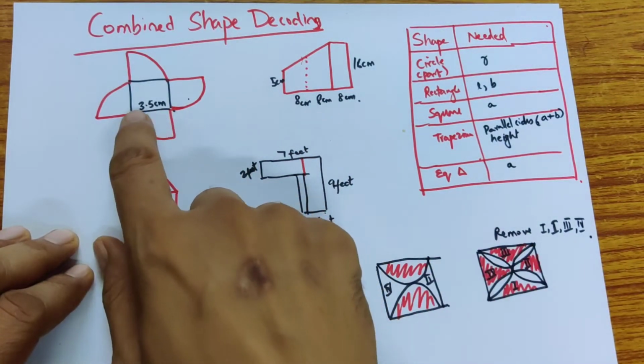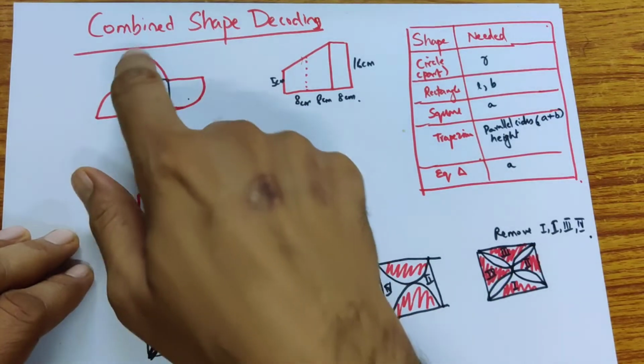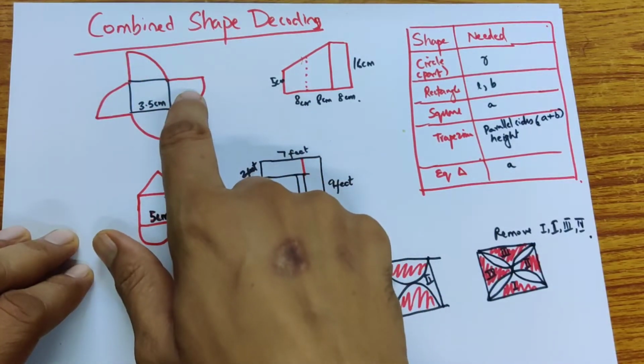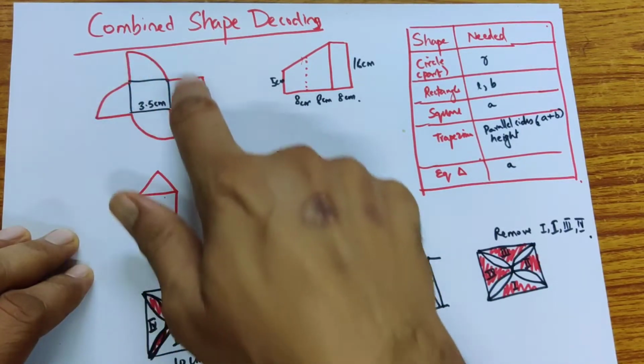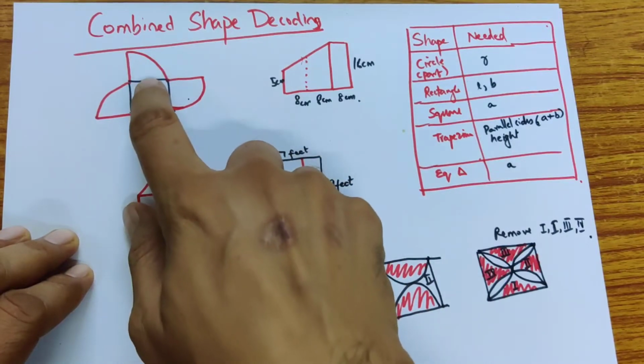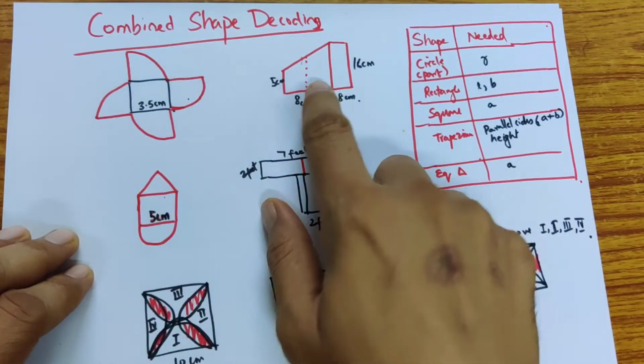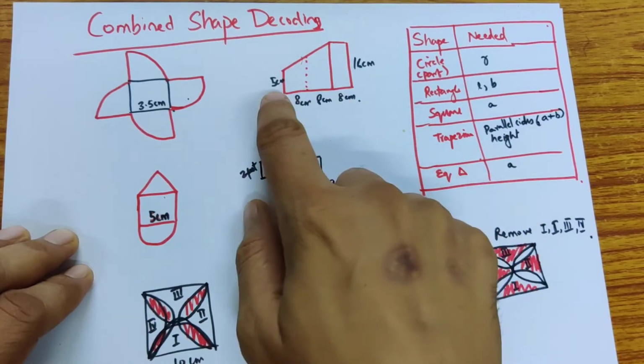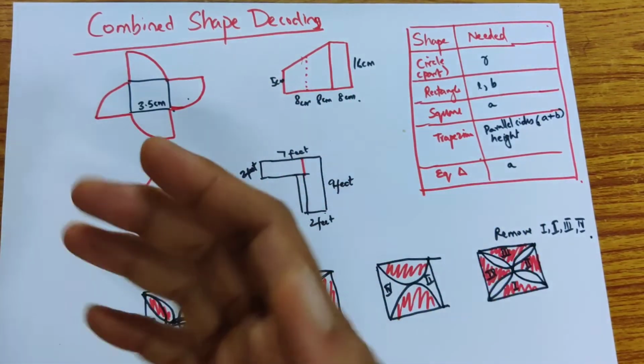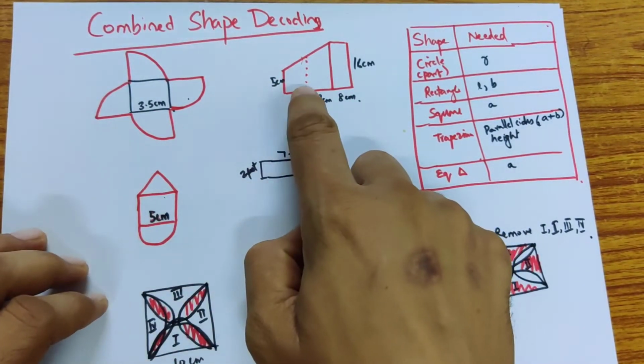So this one we can see is a quarter circle. So quarter, quarter, quarter, quarter, that's a full circle. Together this will make a full circle, and that will be a square. Here we can of course see that this is a trapezium, and even though this is supposed to be a card that's folded, it's immaterial for us.